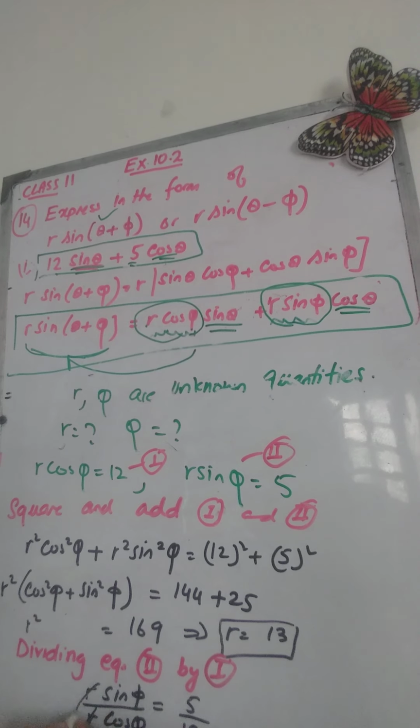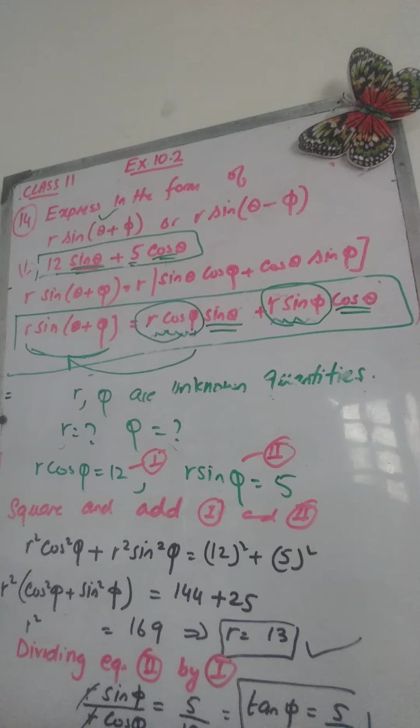So tangent phi is equal to 5 over 12. From here we can find phi equals tangent inverse of 5 over 12. This is the value of phi and the value of r.